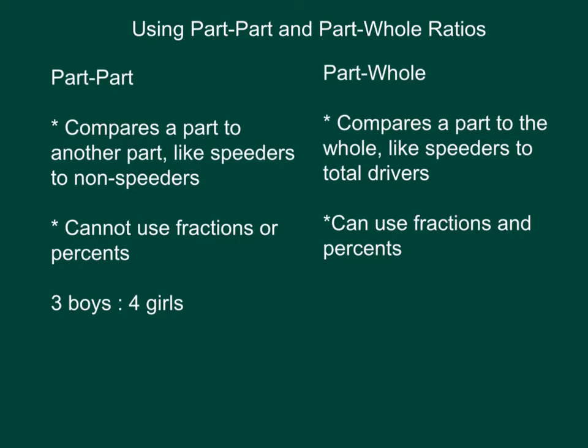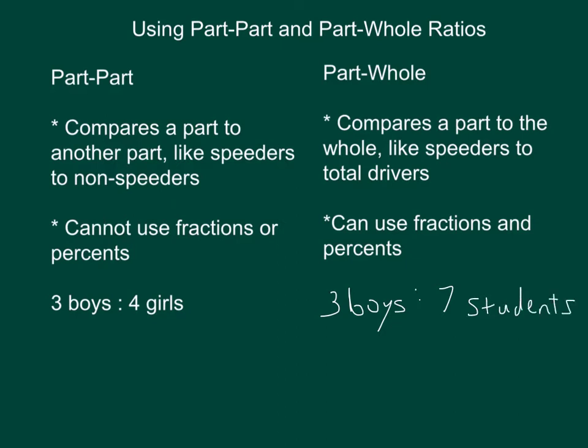If I have a ratio of 3 boys to 4 girls, I'm comparing two different parts, so it's part-part. If I wanted to switch this to part-whole, I could say that I have 3 boys to 7 students.